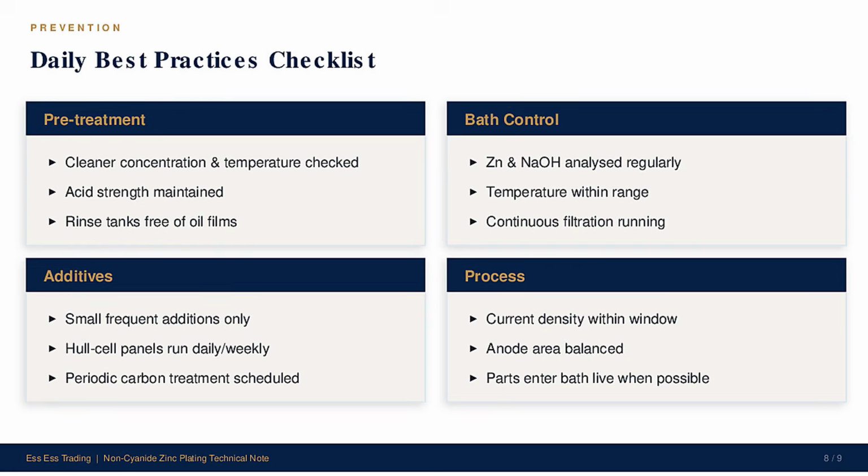Regarding additives, add brighteners in small, frequent doses, run Hull cell panels daily or weekly, and schedule periodic carbon treatments. Finally, in process control, keep current density within the specified window, balance anode area properly, and whenever possible, have parts enter the bath live to ensure good adhesion.